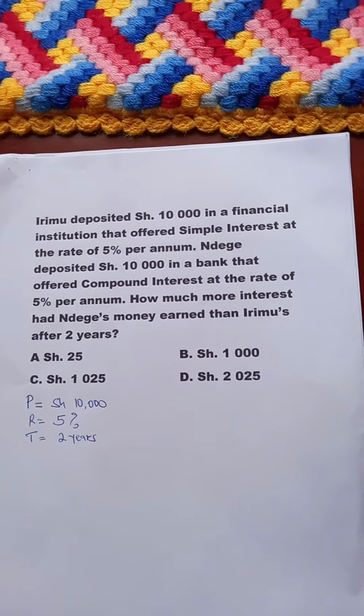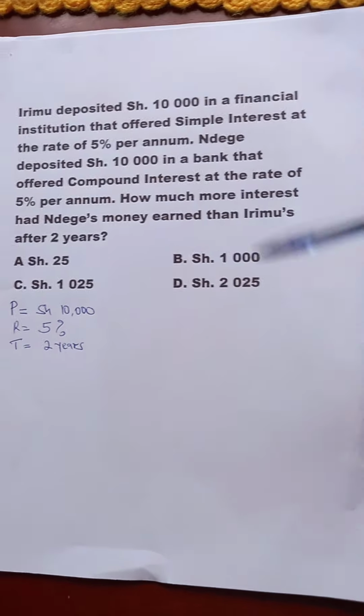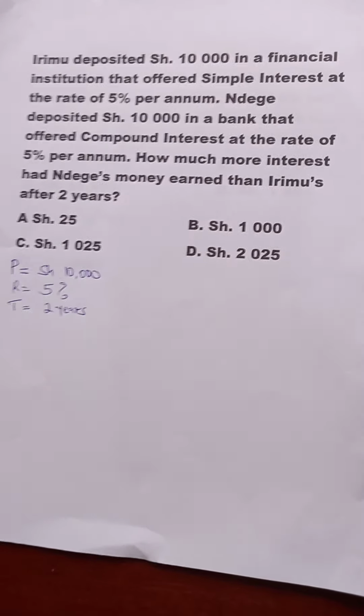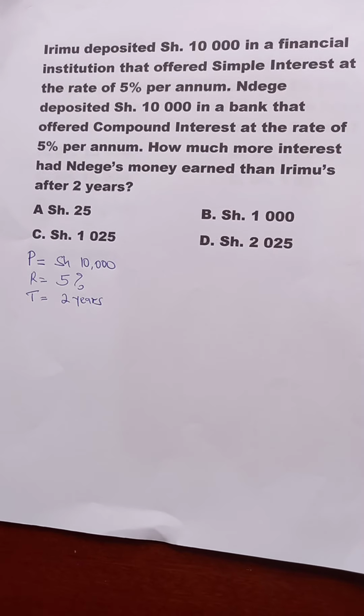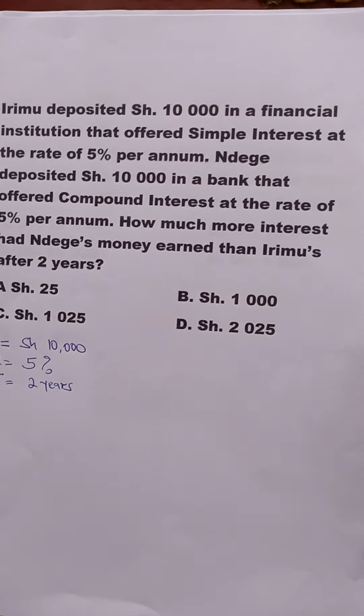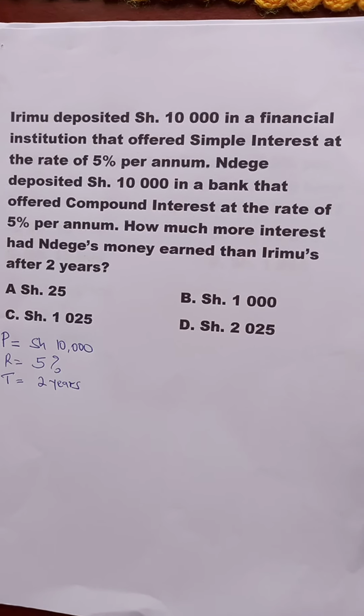Learners, let's do several questions. Our first question relates simple interest and compound interest. We are going to do a comparison. The question reads: Ilimo deposited shillings 10,000 in a financial institution that offered simple interest at the rate of 5% per annum.